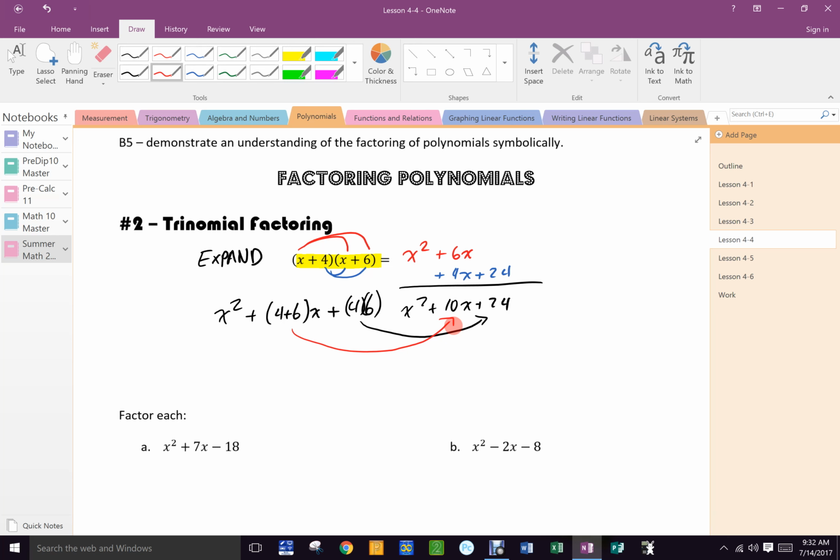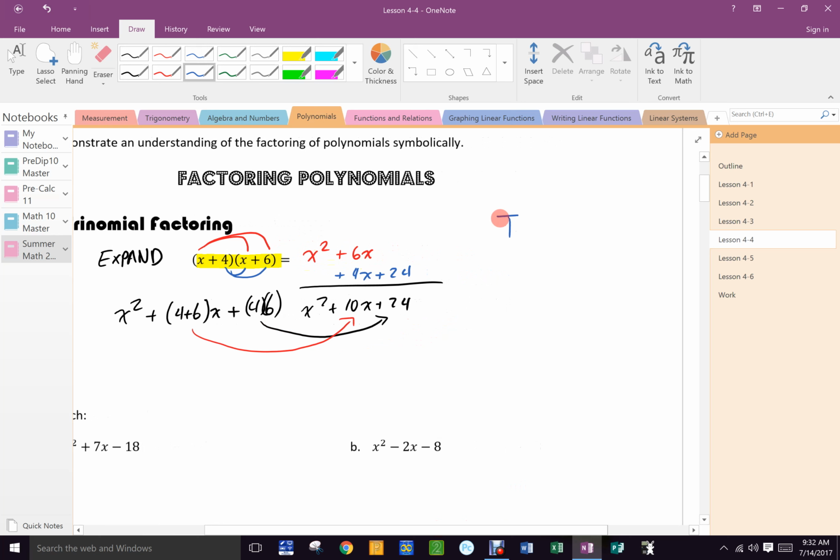So, if you are faced with a trinomial, if your trinomial is in this form, x squared, does it have to be an x? No, any letter. This always works. x squared plus bx, so some other number, plus c, another number.